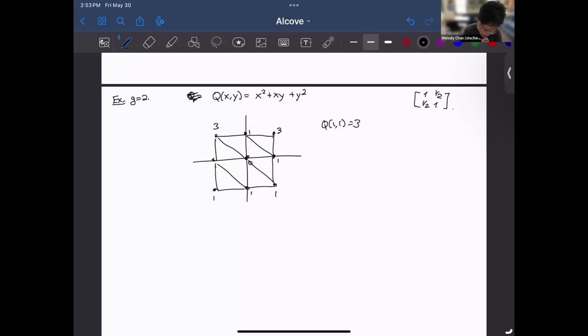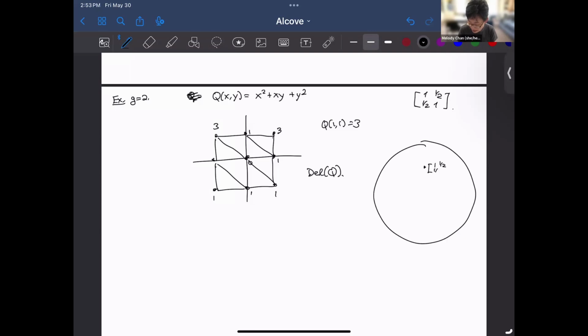In this case, it looks like this. This is a picture of the Delaunay subdivision associated to Q. So associated to every point in my rational closure of the positive definite cone, I have a picture, a particular polyhedral tiling.